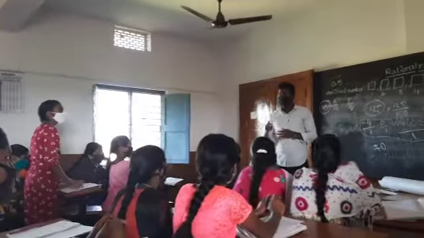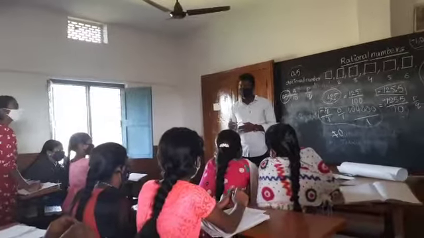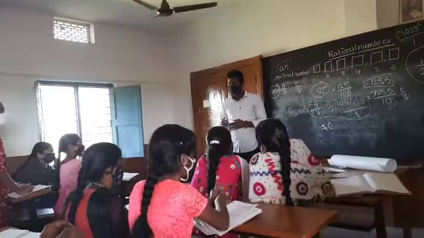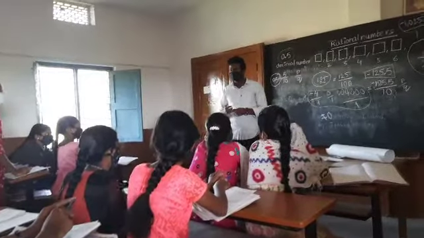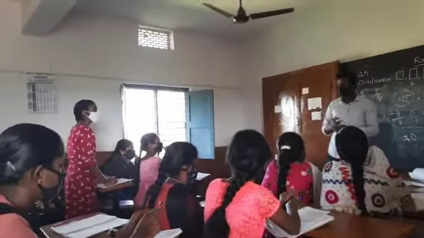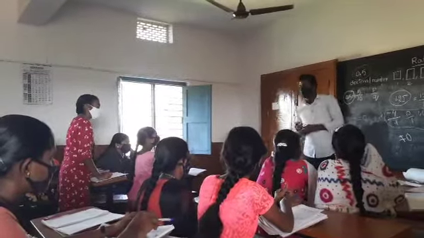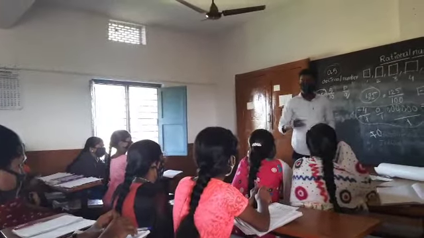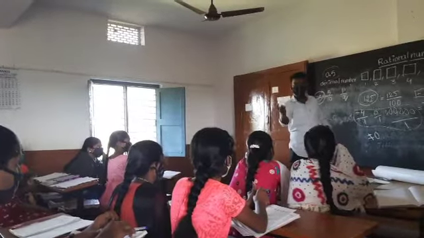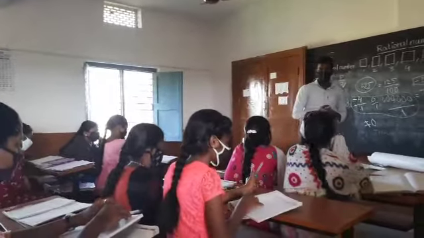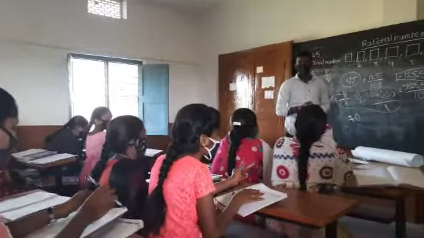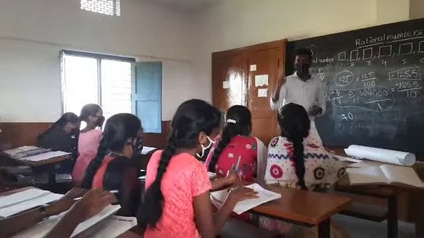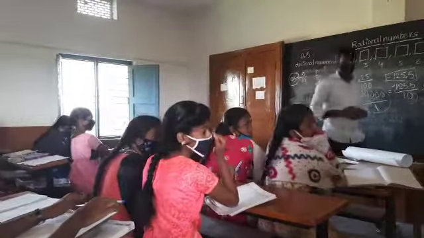A rational number has to be in the form of p by q, and q is not equal to 0. And every rational number has to be in an integer form. You are partially correct. Sit down. Can you look back into the book and tell me what a rational number is?